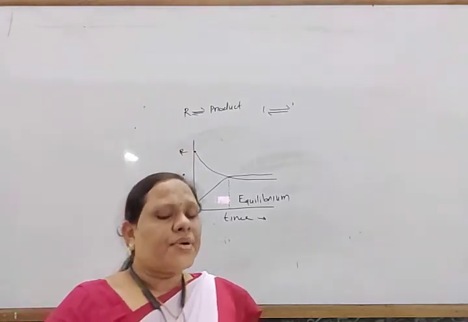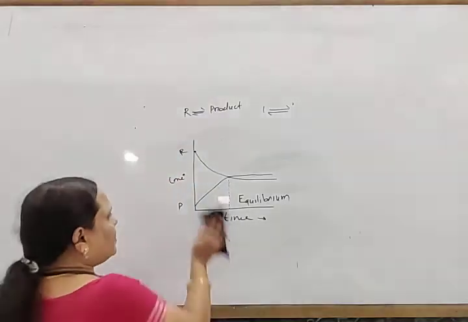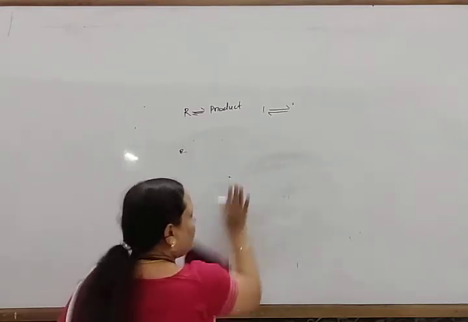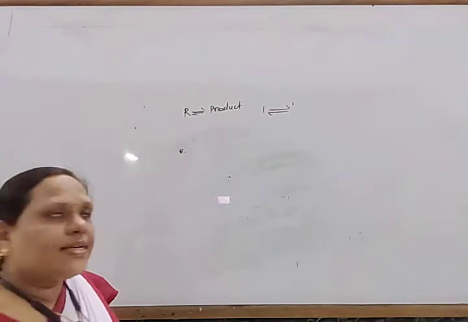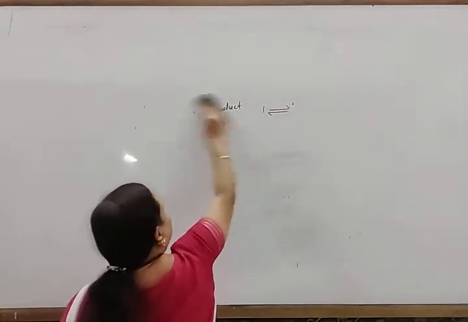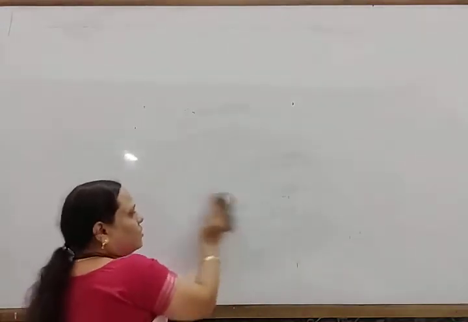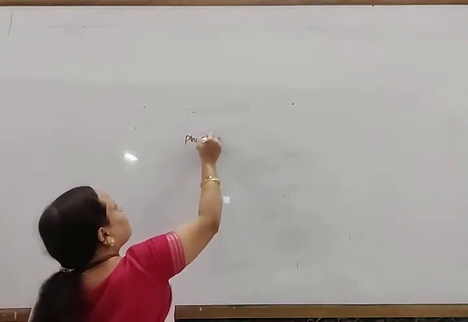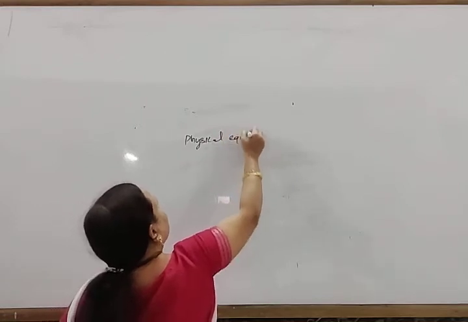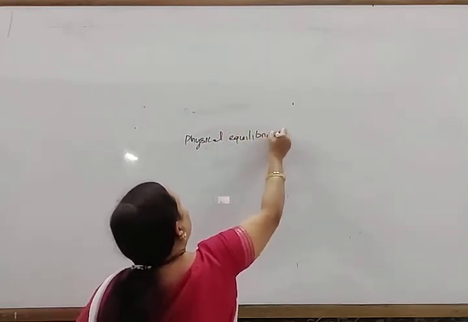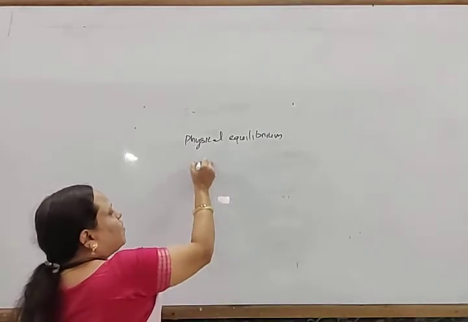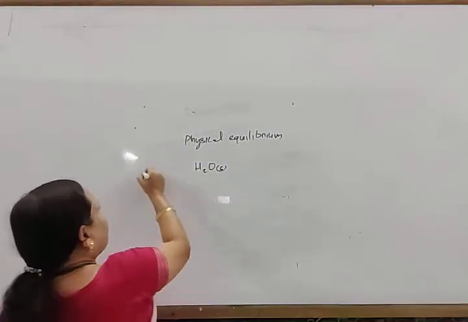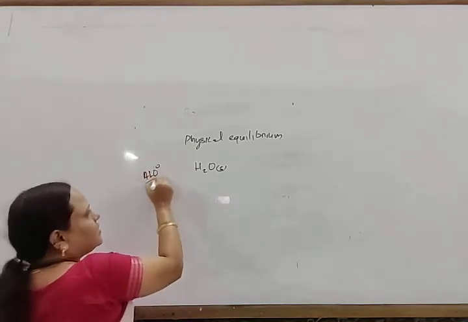Okay, so if the equilibrium is established in a physical process, that is known as physical equilibrium, and if equilibrium is established in a chemical process, that is known as chemical equilibrium. Look here, some examples of physical equilibrium. Suppose water in solid state, ice, is there, then what happens at 0 degrees Celsius?